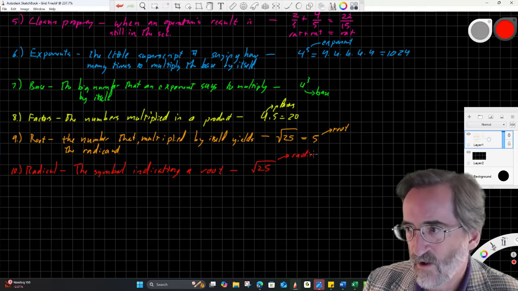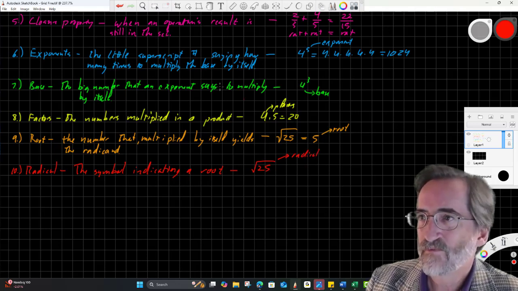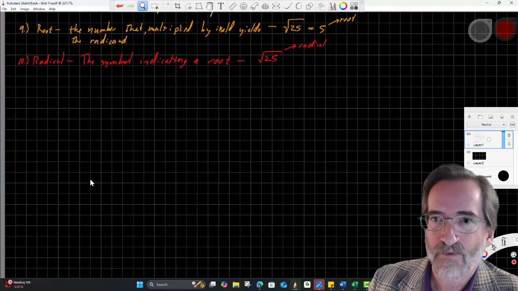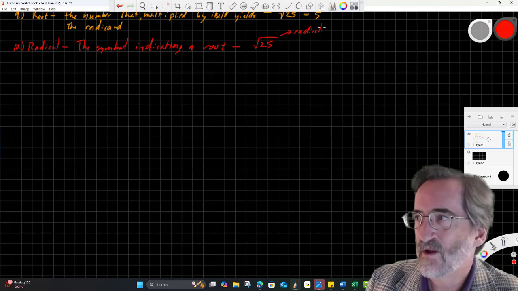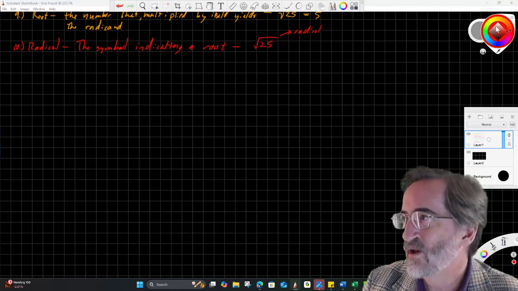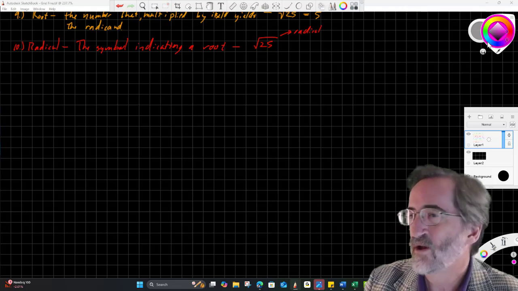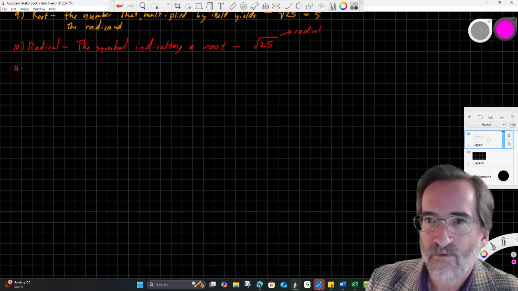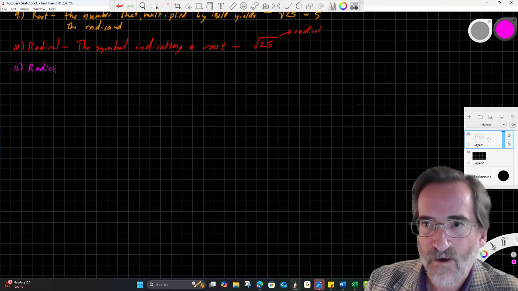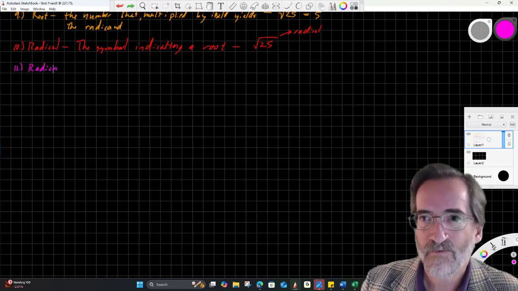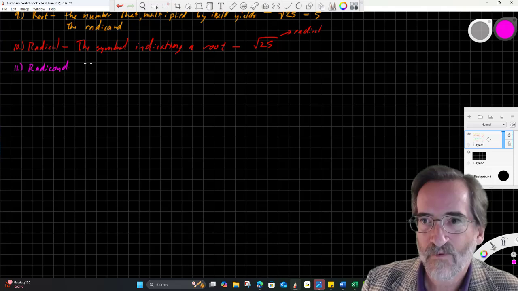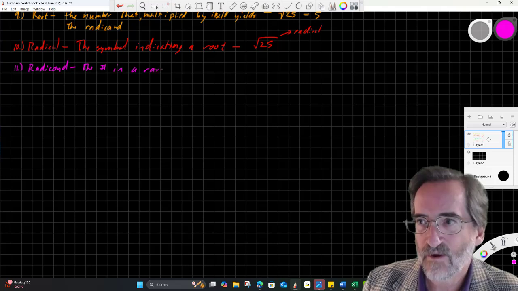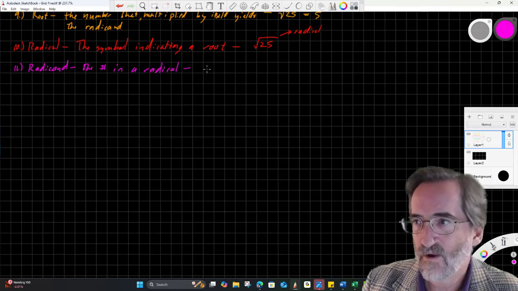Make a little room. 11. Radicand. The number in a radical. Square root 25. 25 is the radicand.